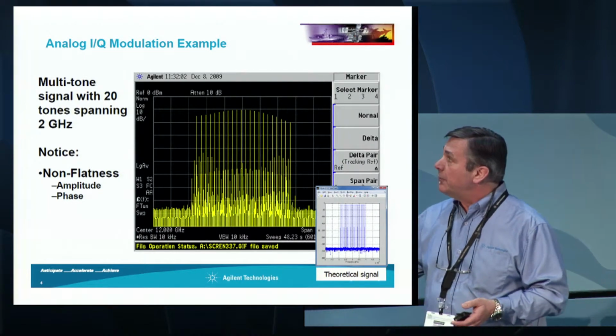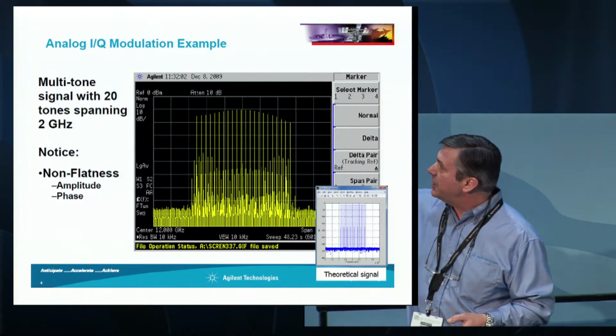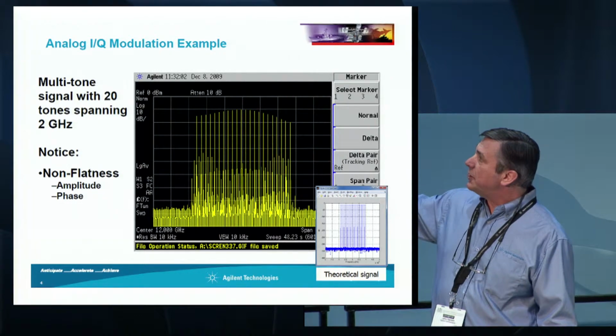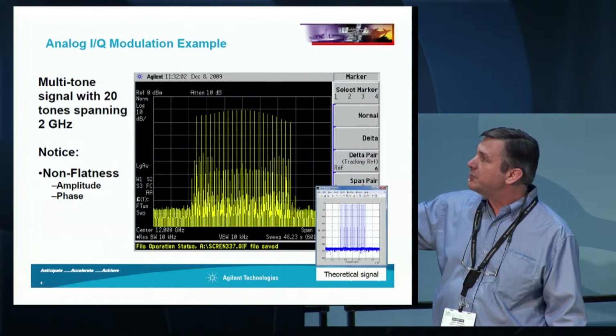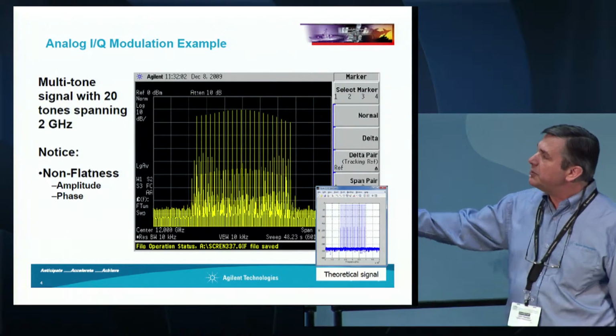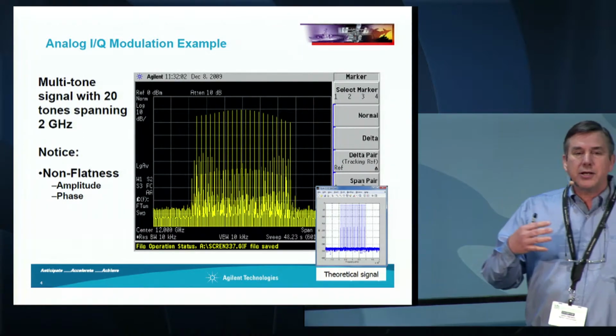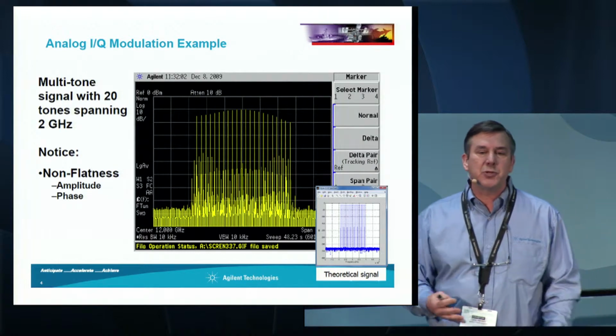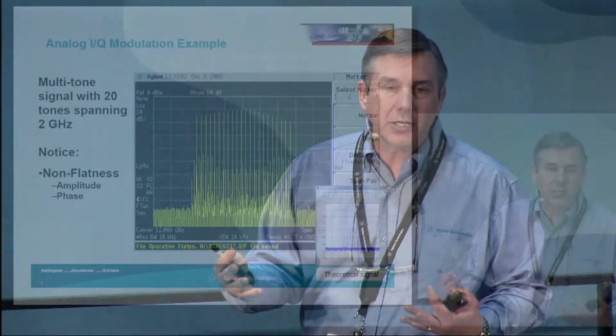So here's a representation, I hope you can see this, of a multi-tone signal. We have 20 tones here spanning 2 gigahertz. I should qualify some of the bandwidths here: in a lot of commercial communication systems, we're talking 20 megahertz or maybe up to 160 megahertz with some wireless LAN technologies.